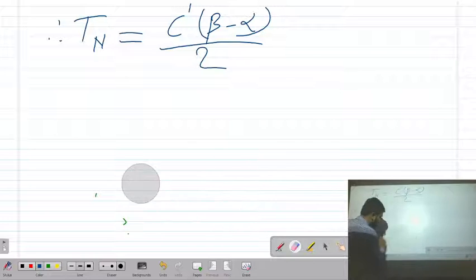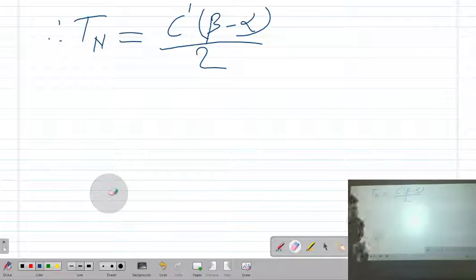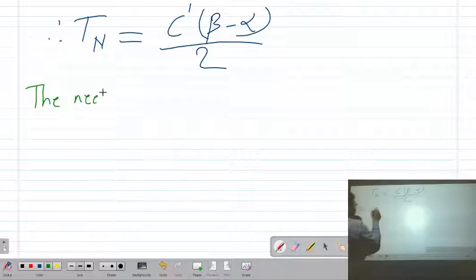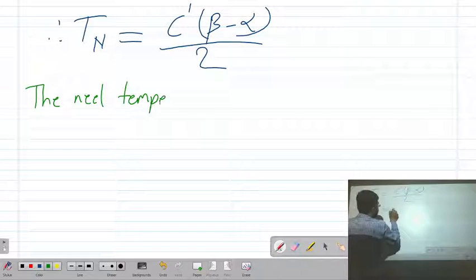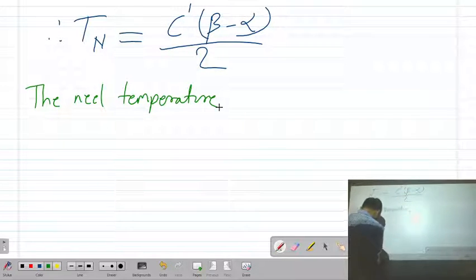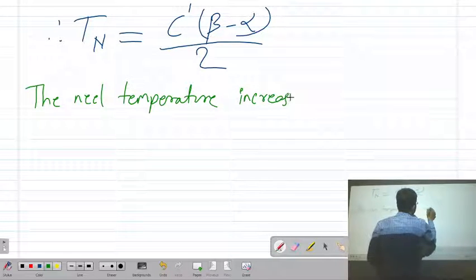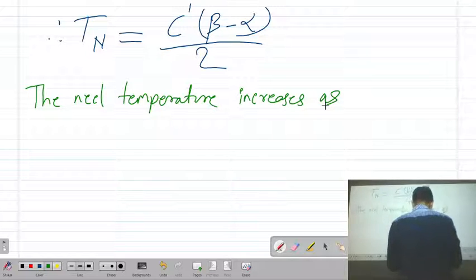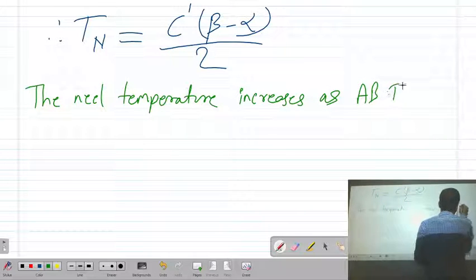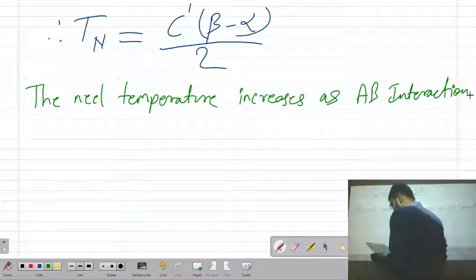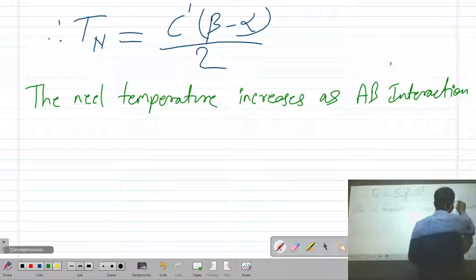The importance of it is that from the above equation, it is clear that the Neel temperature increases as the AB interaction, that is beta, increases.